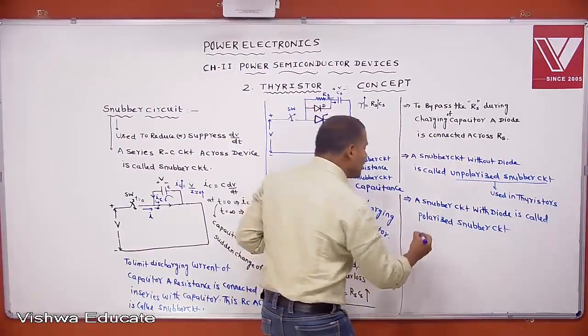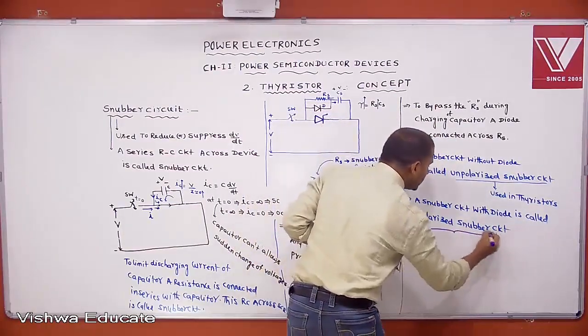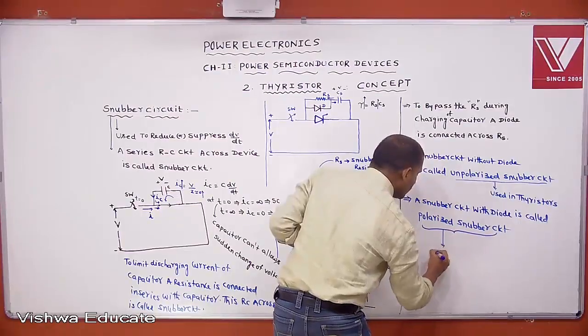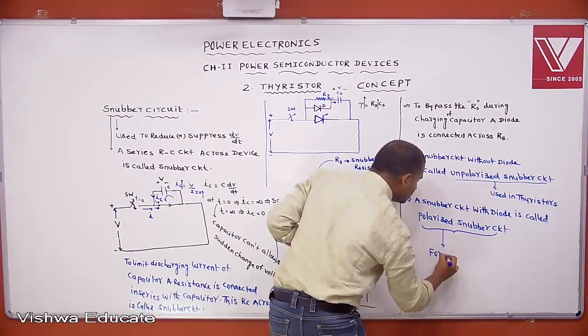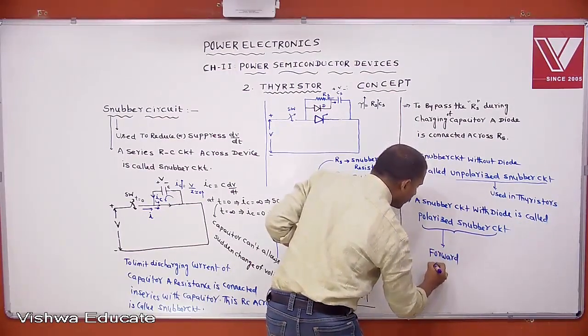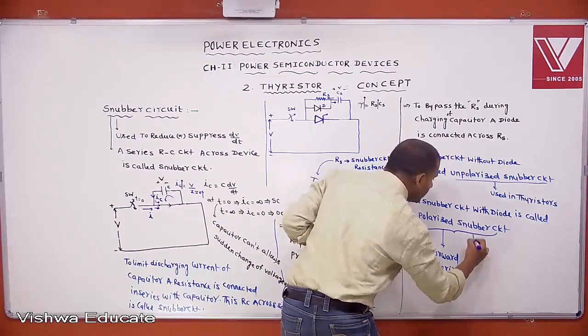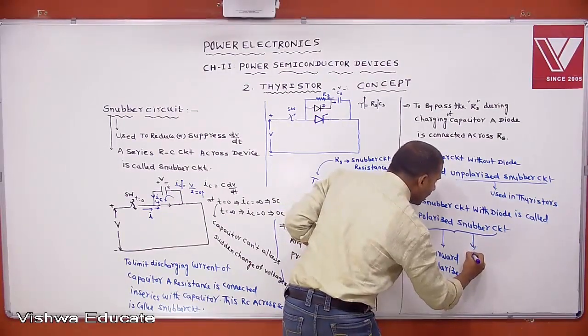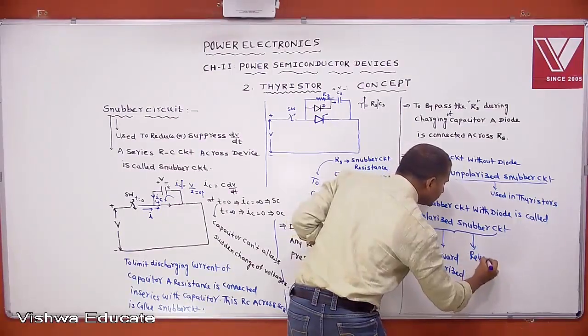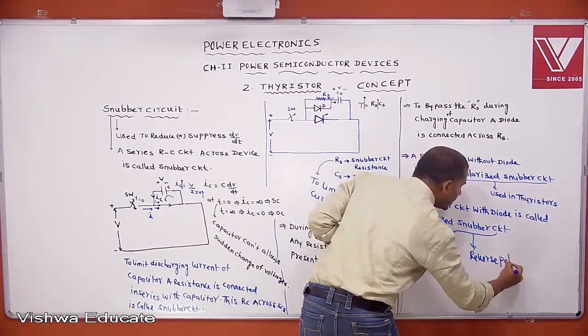These polarized Snubber circuits are again of two types. One is forward polarized. The other is backward or reverse polarized Snubber circuit.